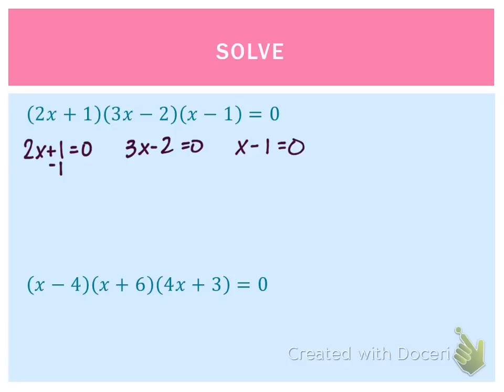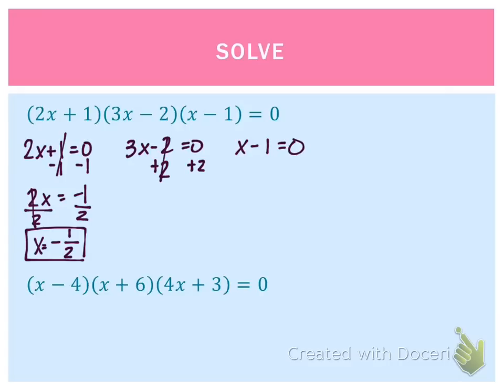I'm going to subtract 1 first. 2x equals negative 1. Then I need to divide by 2. And I get x is equal to negative 1/2. That's one of my answers. All right, let's add 2.